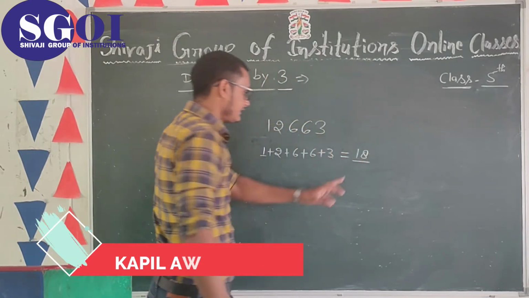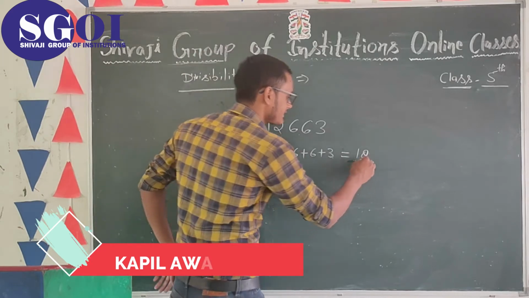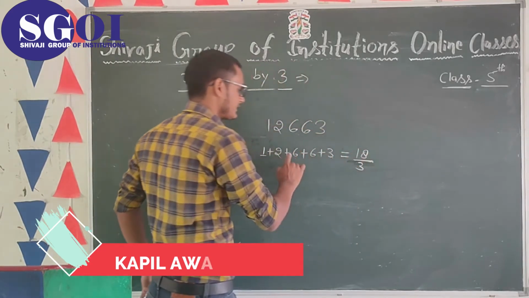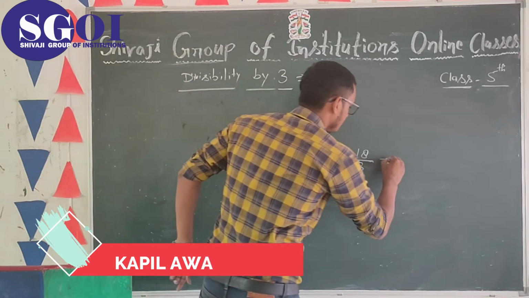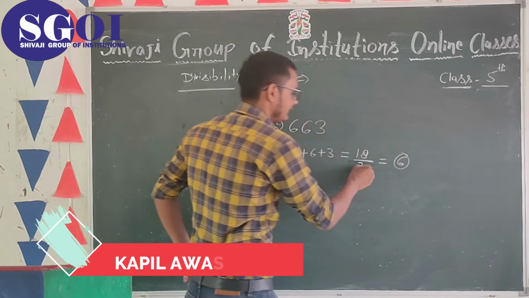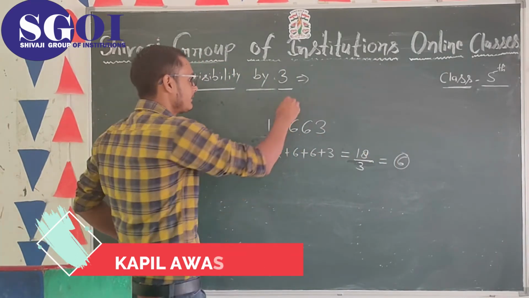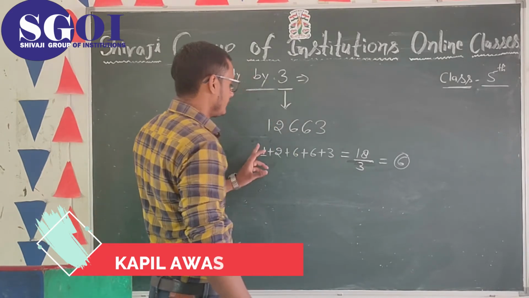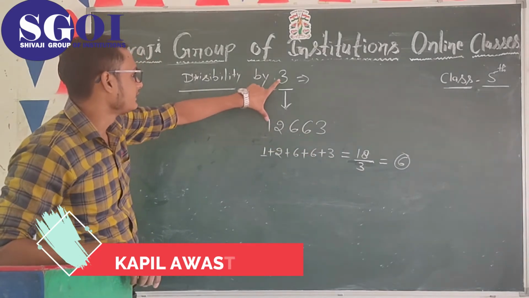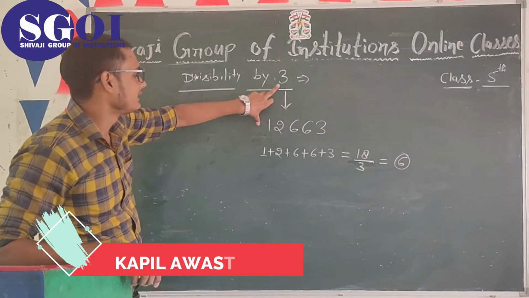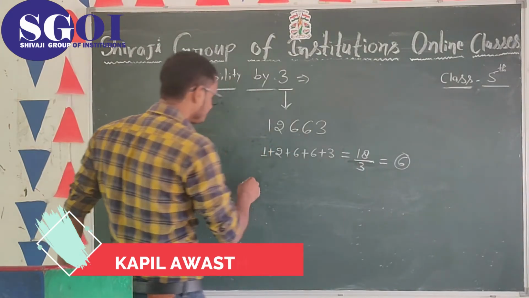The sum of all digits is 18, and 18 is divisible by 3. So this number is divisible by 3. If the sum of all the digits is divisible by 3, we can say that this number is divisible by 3. Understood? Next example.